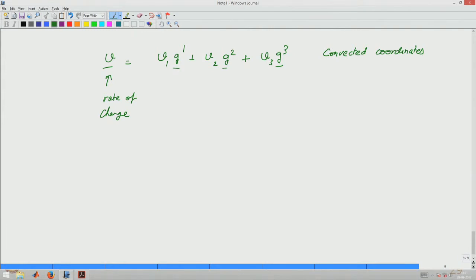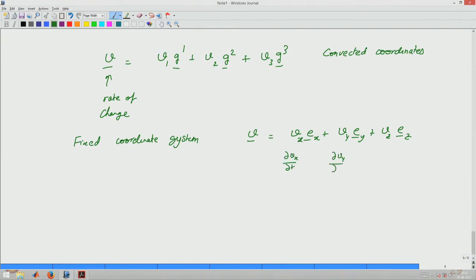So, if we do this in a fixed coordinate system, let us say using Vx Ex plus Vy Ey plus Vz Ez, and if we are interested in let us say rate of change of this, then we evaluate it in terms of del Vx by del t and del Vy by del t and del Vz by del t.